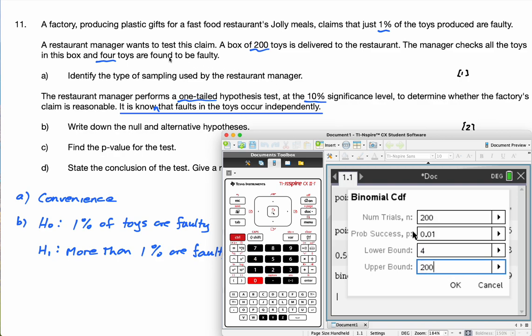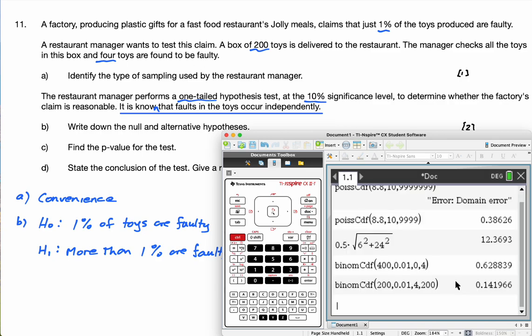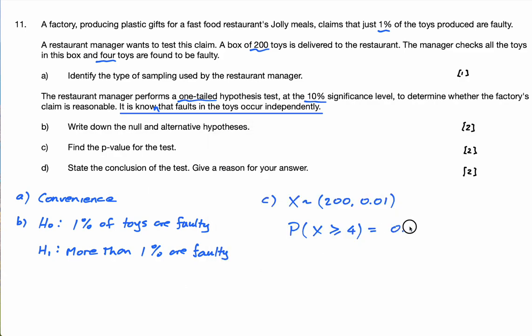It's because 4 were found to be faulty, so it includes 4. Press OK, and we get 0.141966, to 3 significant figures, 0.142.